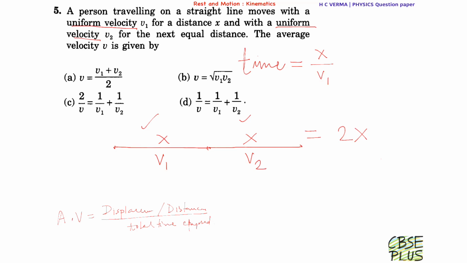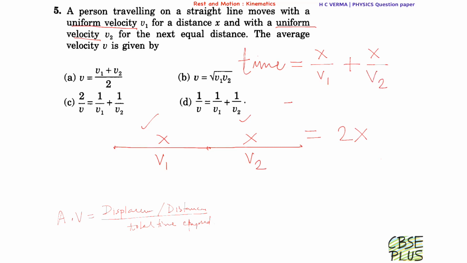Since the distance is also the displacement here, because there is no change in direction, this will be the time taken in the first chunk, and the time of the next chunk would be x upon v2. So these are the times.